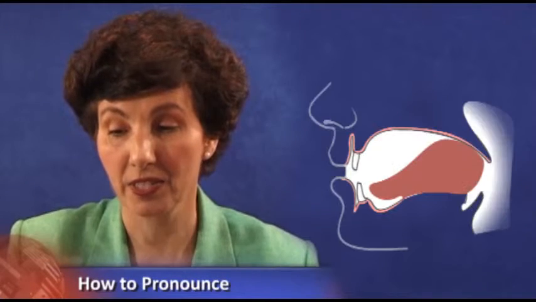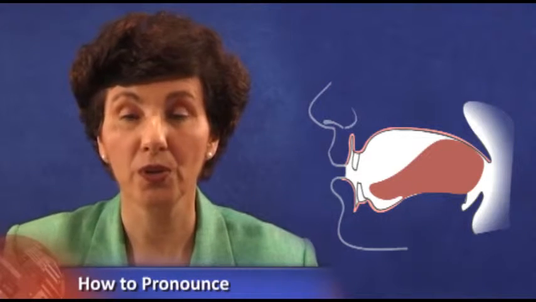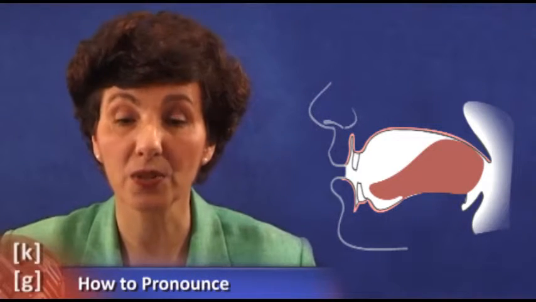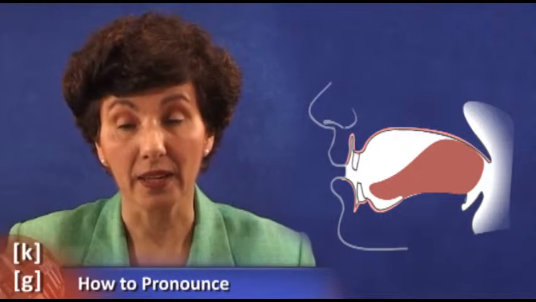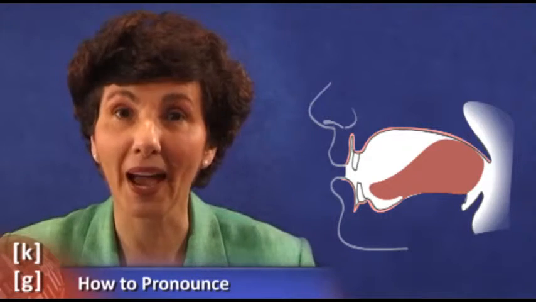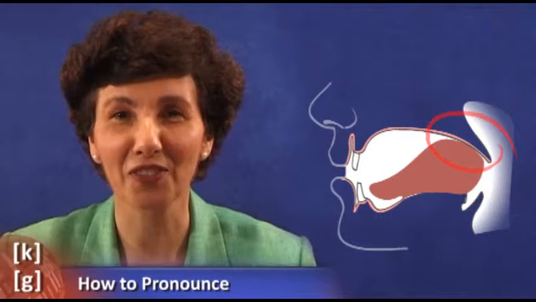Let's move on to the first slide as to how to pronounce the sounds k and g. This first slide then will show you the pronunciation of these two sounds. What you want to do is to open your mouth slightly, and you want to touch the back of your tongue to the soft palate.